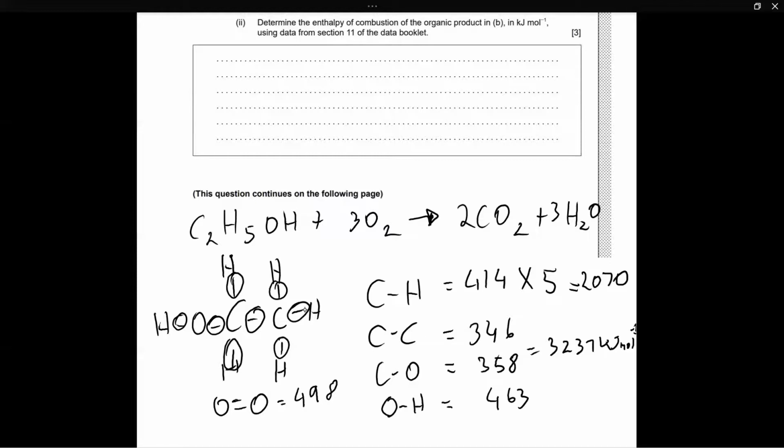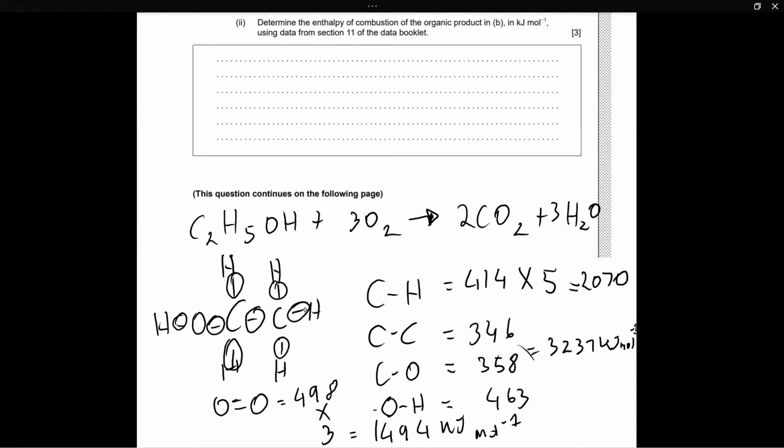And since we have 3 moles of that, we multiply this by 3, because you look at the coefficient there, 3. And the answer for this, I have to put that into my calculator, is 1,494 kilojoules per mole.